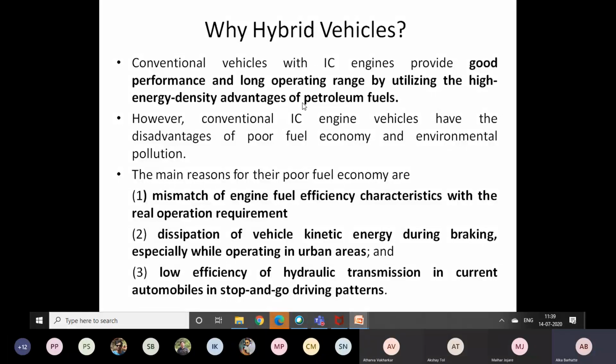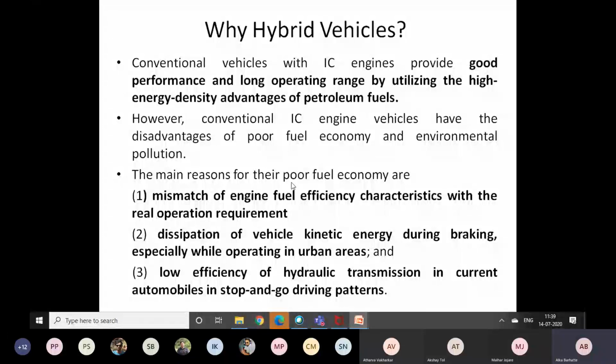So that is the main advantage of hybrid vehicles, which use the advantages of the IC engine as well as battery operated vehicles. Conventional IC engine vehicles have the disadvantage of poor fuel economy and environmental pollution. This can be improved by adding additional driving power through batteries.